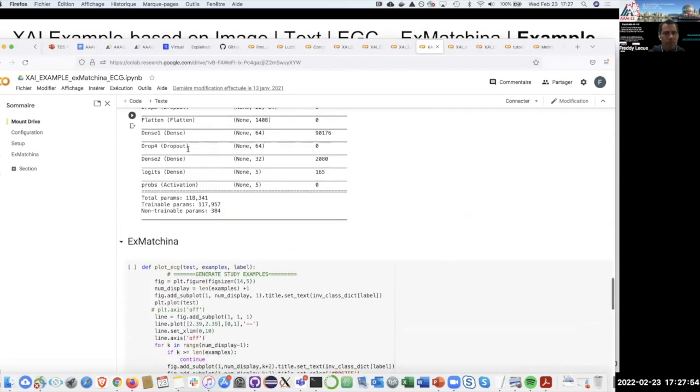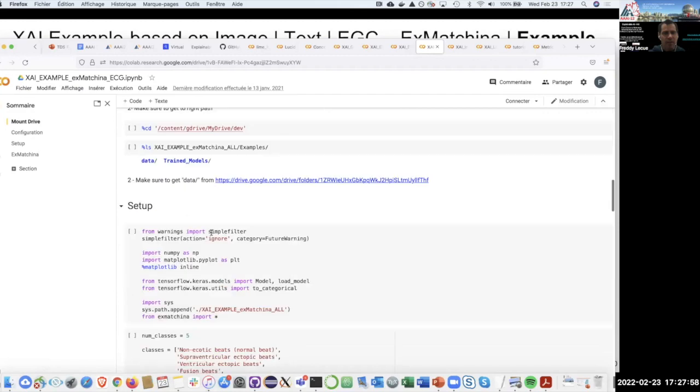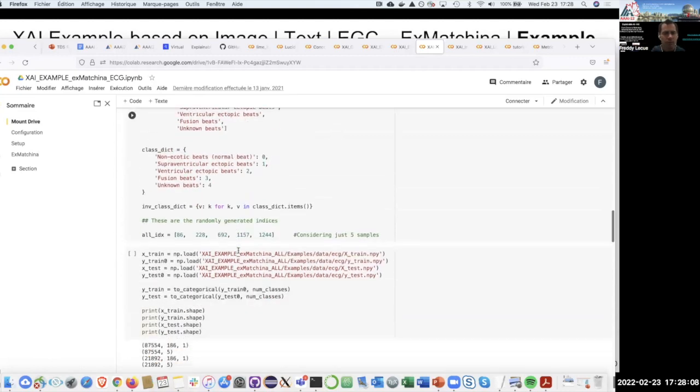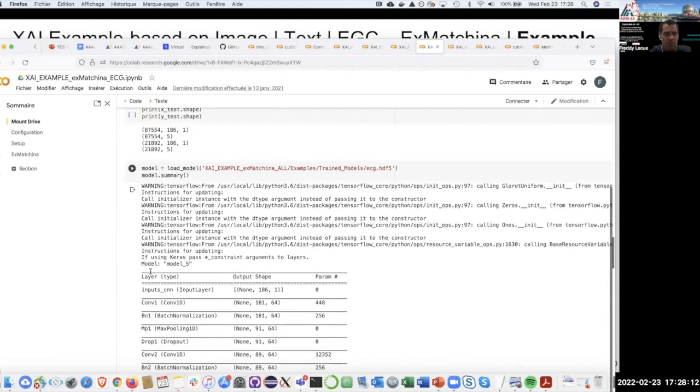Sorry, I've been too quick. Same setup initially. It's a classification task. You have a patient and you try to make a classification. You have the model, that's the architecture.